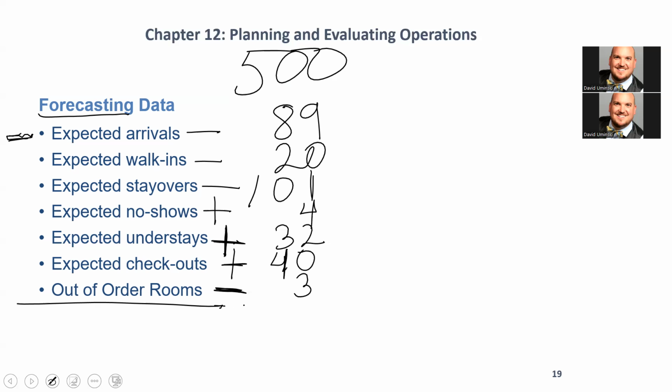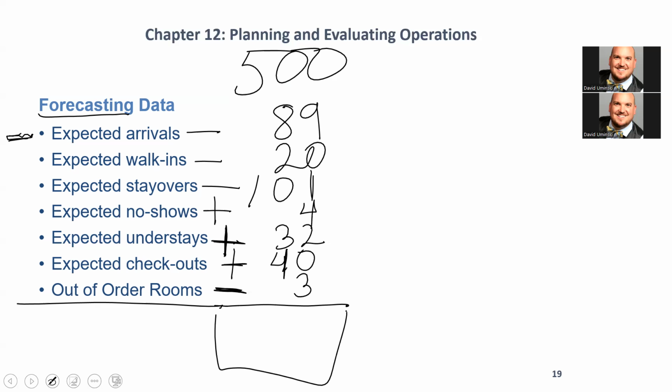Okay. So now we figure out how many rooms we have available to sell. So we just go down the list. Y'all follow along with me so I can make sure I have my numbers correct. 500 minus 89 minus 20 minus 101.